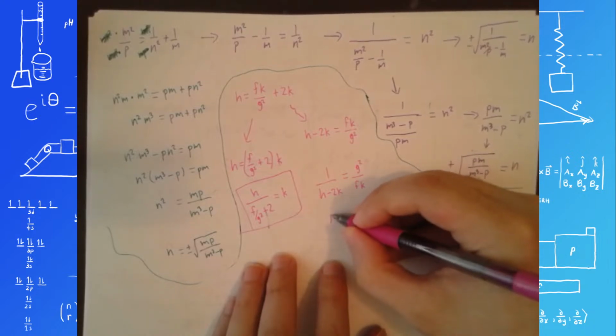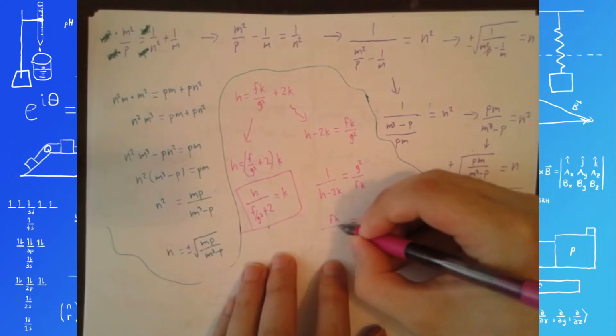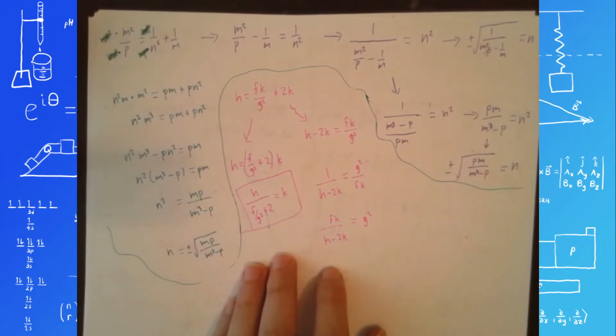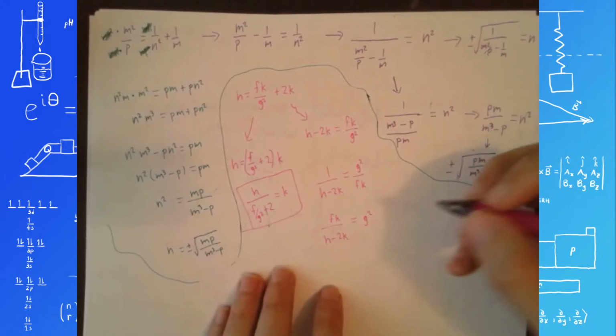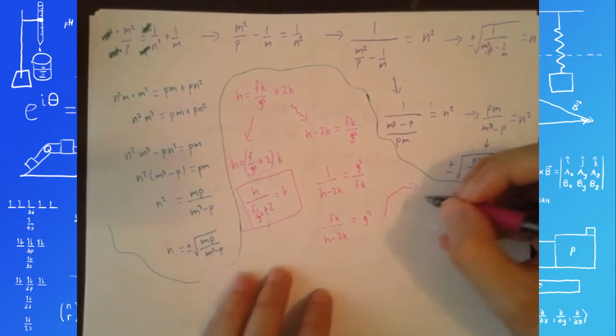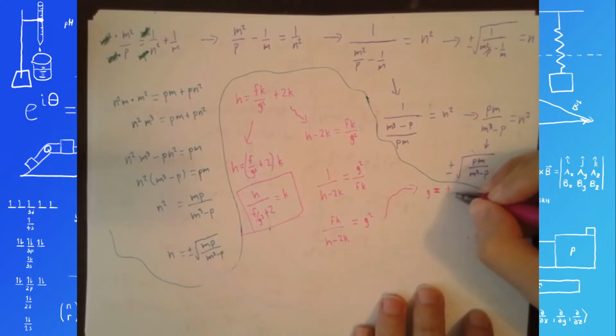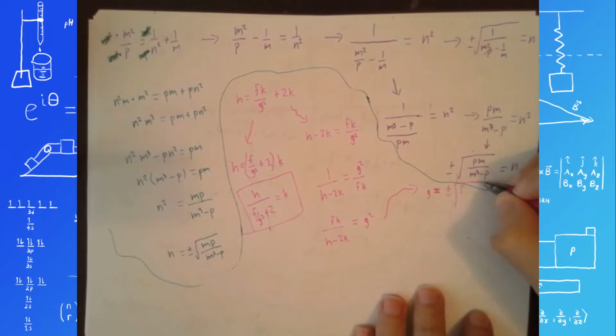G squared equals fk over h minus 2k, and square root gives us, I guess I'll write it over here so that I have space for the next problem here. G equals, I was about to write a plus, g equals plus or minus square root of fk over h minus 2k.